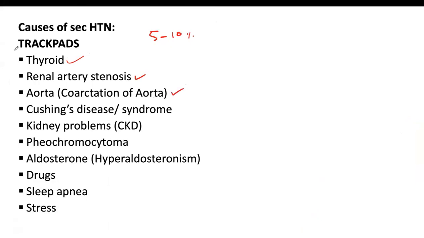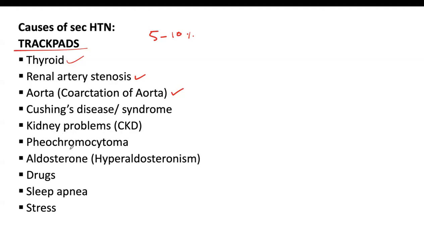So if you see the mnemonic, that's called TRACK PADS. So TRACK PADS is the mnemonic of secondary causes of hypertension. So T for thyroid, R for renal artery stenosis, A for aorta, which is coarctation of aorta, C for Cushing disease, K for kidney problems, especially chronic kidney disease, polycystic kidney disease. So all the kidney disease will come over here.